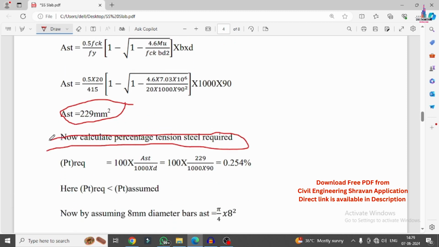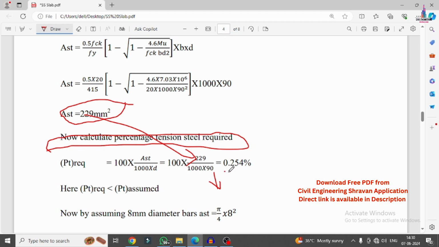Now we have to calculate the percentage of tension steel required for this slab section, which is 100 into Ast divided by 1000 d is the formula. So 100 into 229, the Ast value we calculated here, and 1000 is the factor, and d is the depth of the slab, which is 90 mm we considered here.